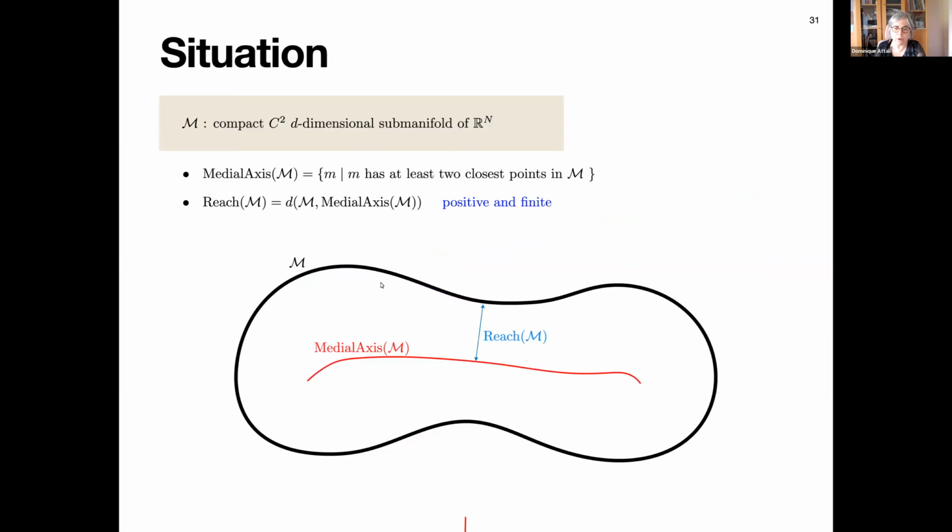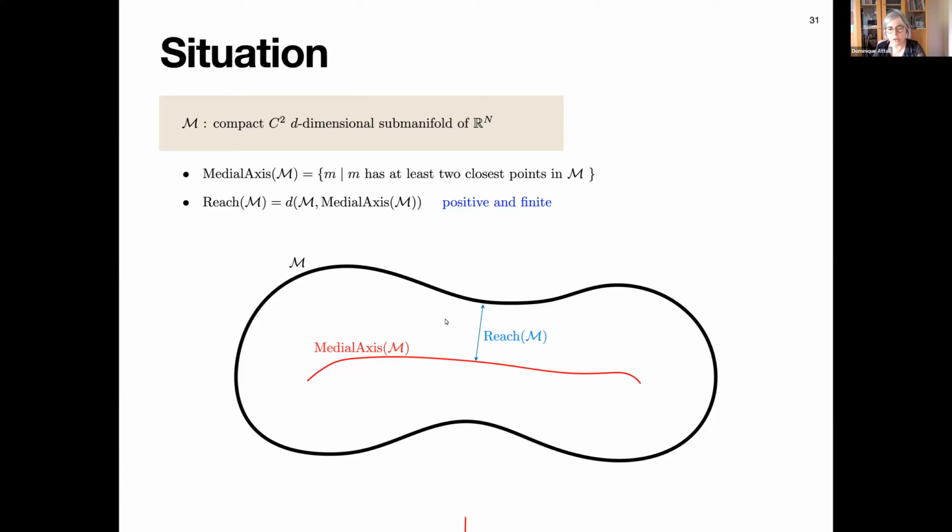So we are almost ready to state our first result. We have again M, which we assume to be a compact C2 d-dimensional submanifold of R^n. We recall that the reach of this manifold is the distance between the manifold and its medial axis.